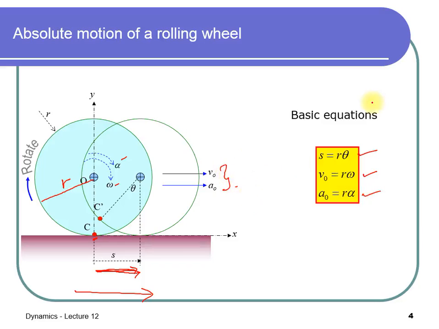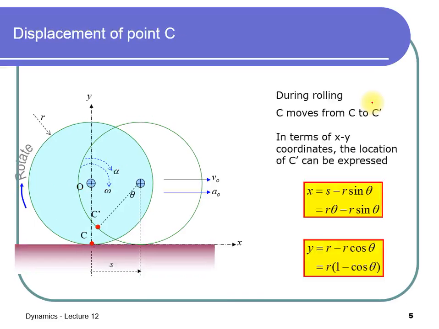Alright. Let's see how we can define the position of C prime, given that this is the axis of x, and this is the axis of y. So how to define the position of C prime?